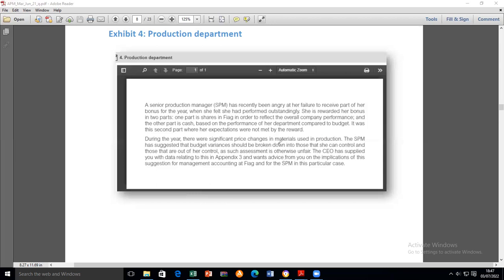Okay, so here you have got room to demonstrate your planning and operation variance. Just a basic computation, really.